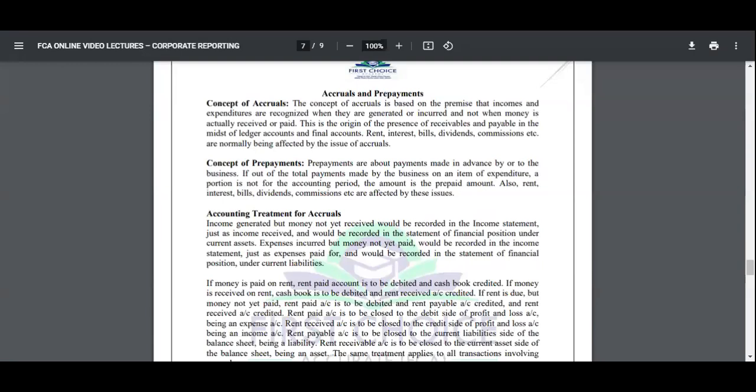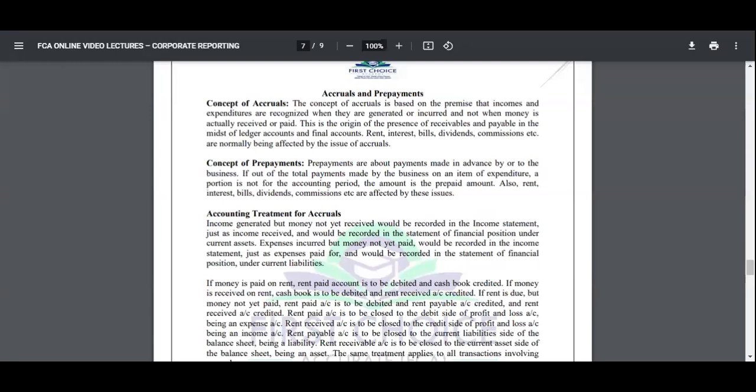Your accounting reporting date ends December 31st, 2021, and you've paid this 120,000 rent in July. It means that you've paid for a period of months that does not reflect in our accounting year.